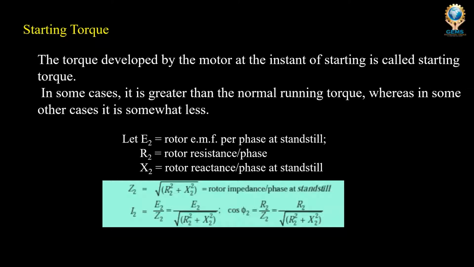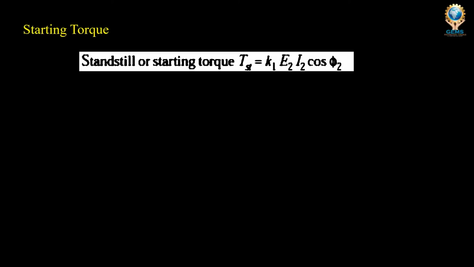The rotor resistance is the same, whether standstill or running condition, but the reactance and the EMF will change. The torque at the initial instant is called starting torque. Sometimes it will be greater than the normal running torque, sometimes it will be less also. Here the starting torque is written as TST.